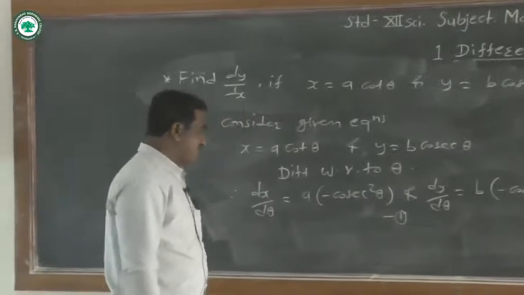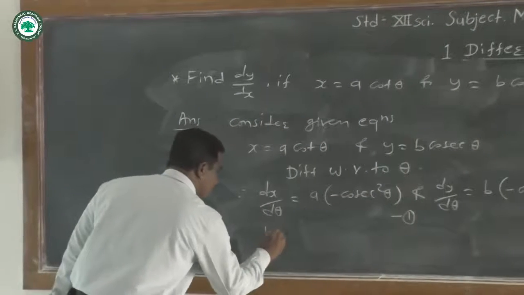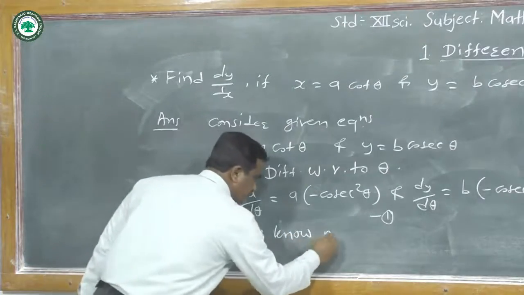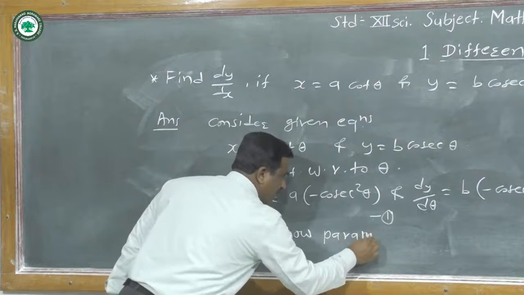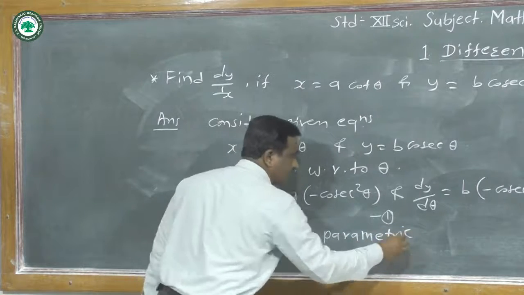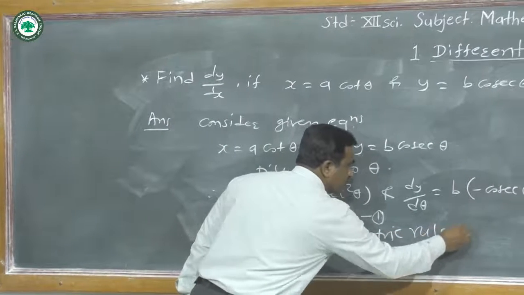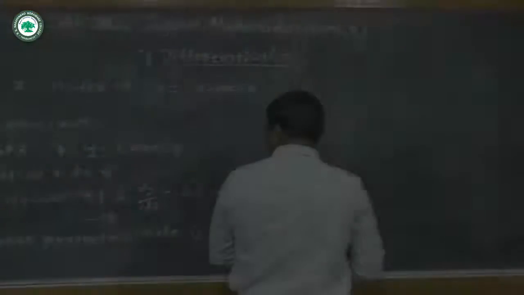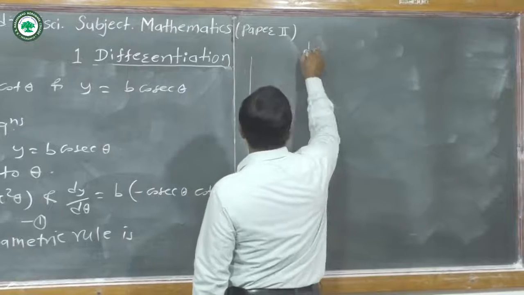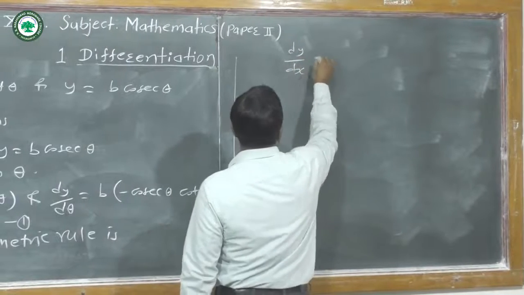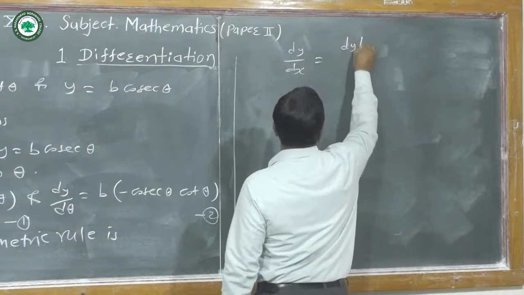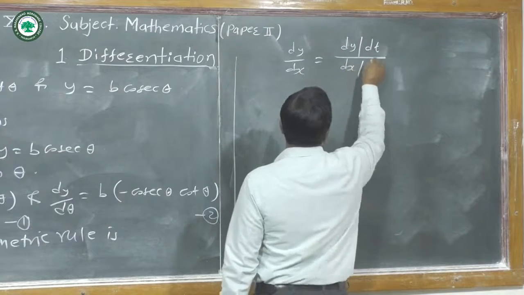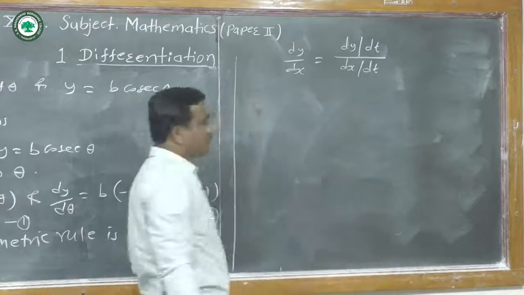Now we know that parametric rule is dy by dx is equal to dy upon dt upon dx upon dt.